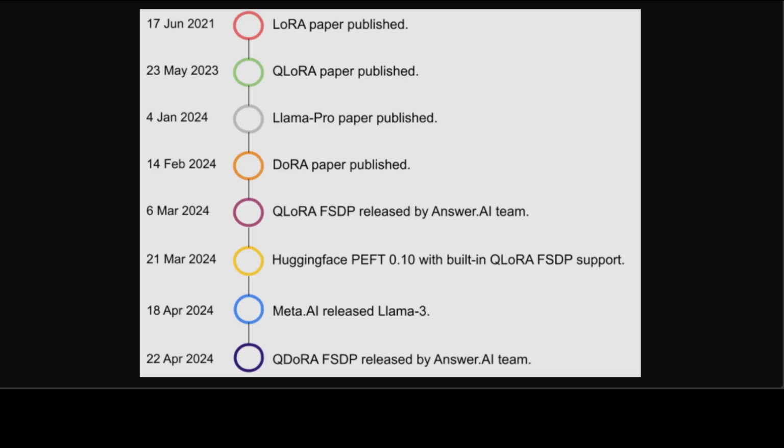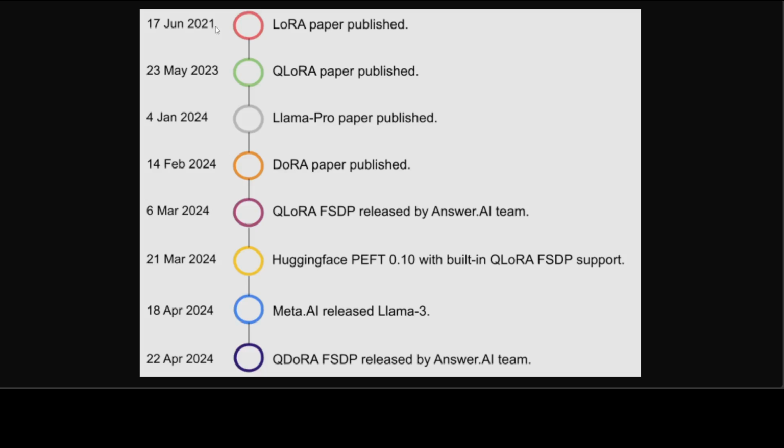Can you believe that? So instead of doing full weight training, which is expensive and takes a long time, you can simply do QDoRA. So this is likely to be the best way for most people to train language models. This is how important this research is.